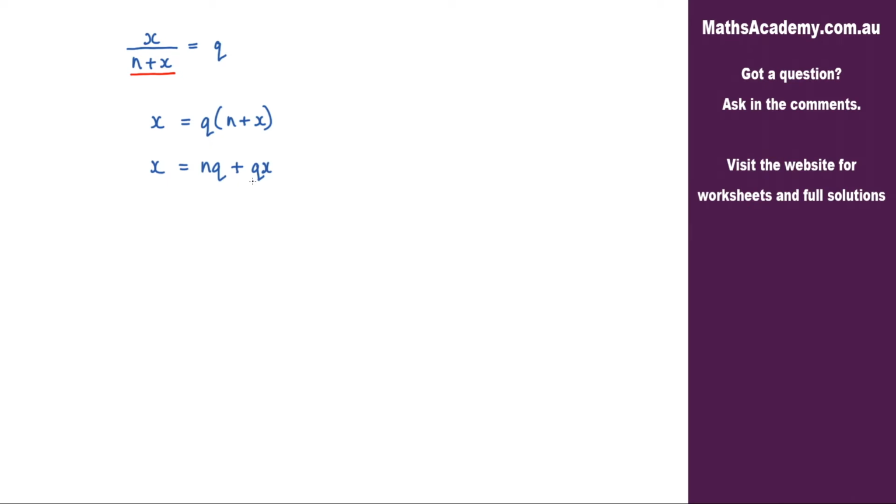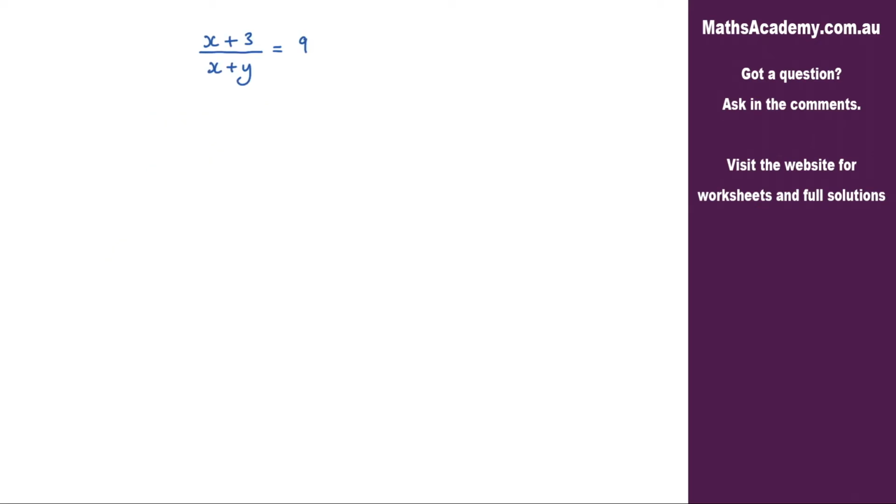I can then subtract qx from both sides to give x minus qx is equal to nq, and then factorize on the left hand side, so x(1 minus q) is equal to nq, and then divide by the 1 minus q, so x is equal to nq over 1 minus q.